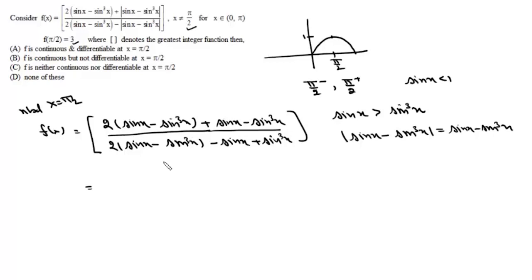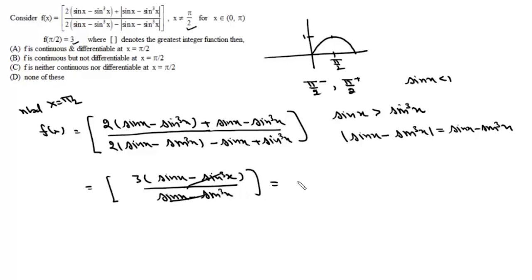Now this is 2 sin x plus sin x, so this will be 3 sin x. So it will be 3 sin x minus sin cube x, and here also we have sin x minus sin cube x. Now I'll cancel.